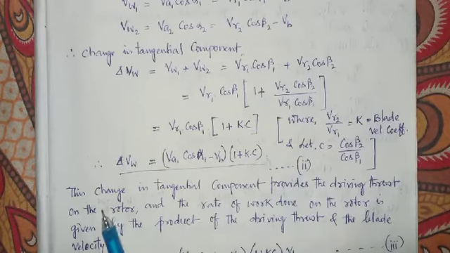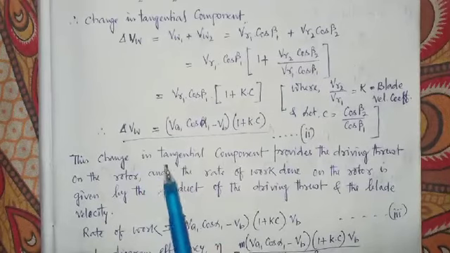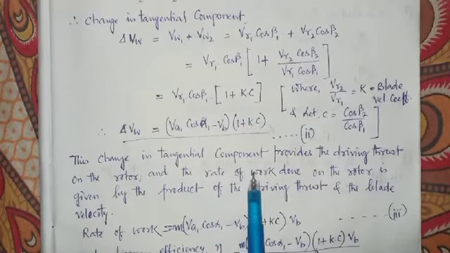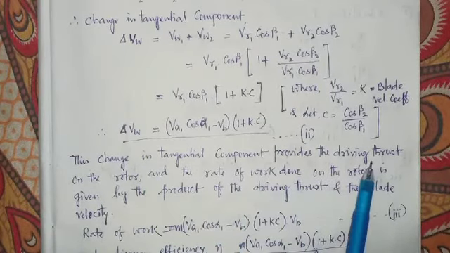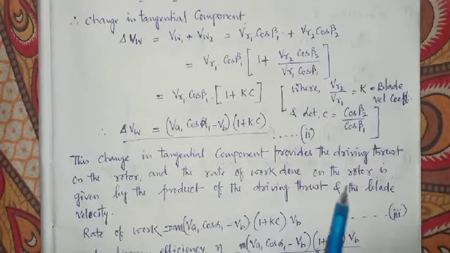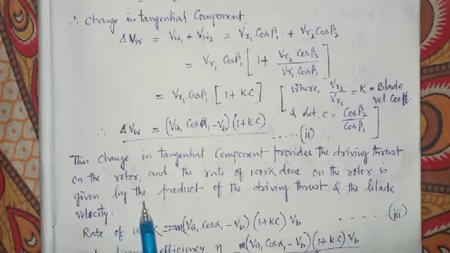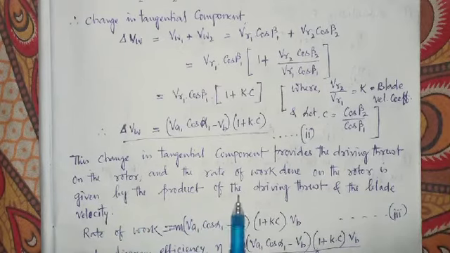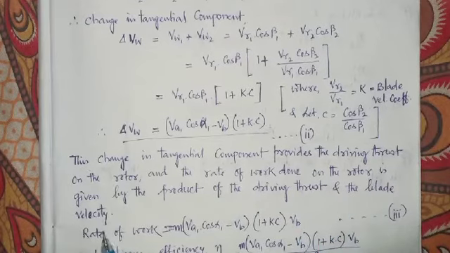Now this change in tangential component provides the driving thrust on the rotor, and the rate of work done on the rotor is given by the product of the driving thrust and the blade velocity.